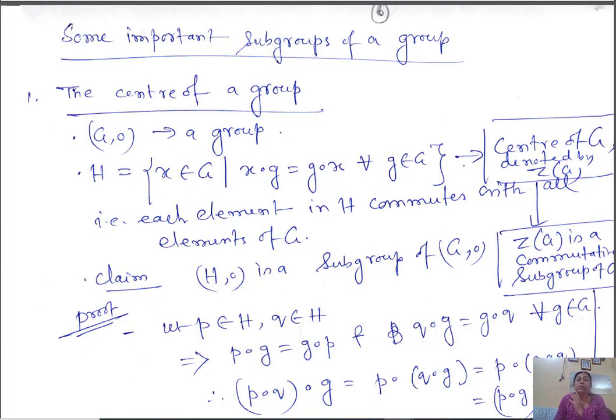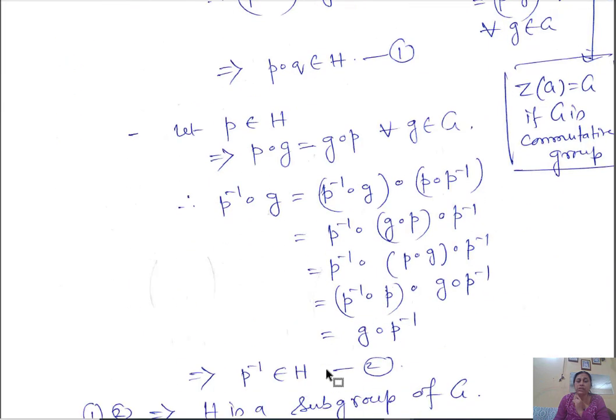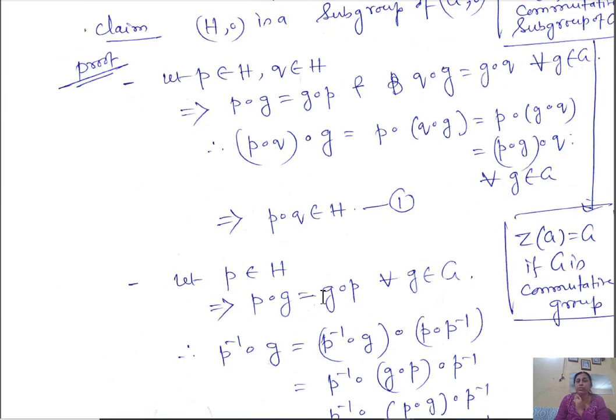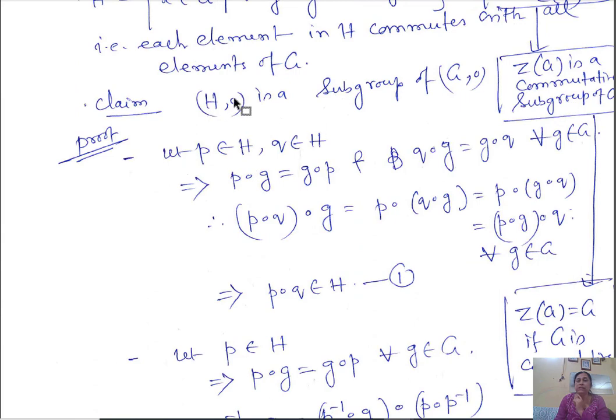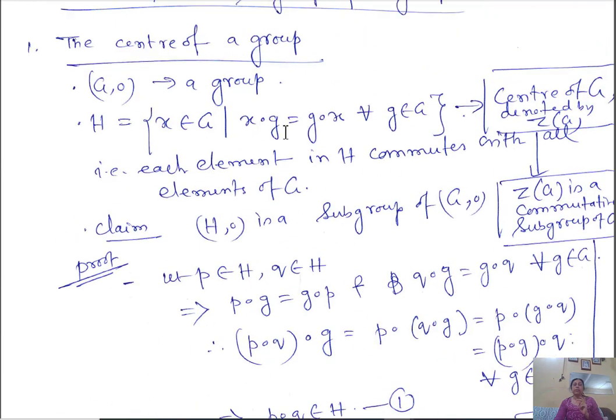So what you have to do, I have shown this way: p, q belongs to H implies p∘q belongs to H, and p belongs to H implies p inverse belongs to H. These two conditions I have to show. To establish that this is a subgroup of G, I have used the first theorem. Utilizing this property, you can easily establish this fact.